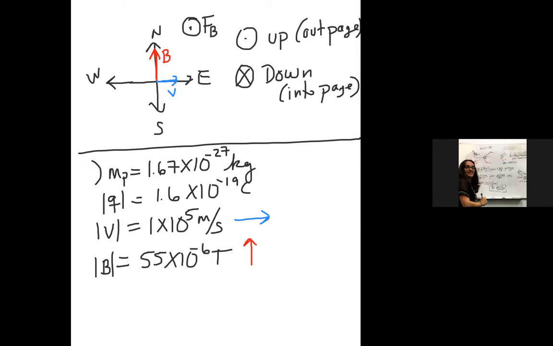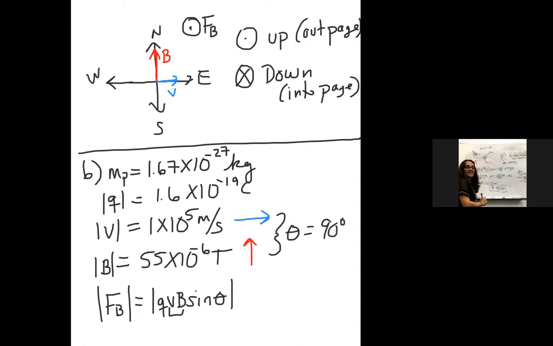So the magnitude of what we're looking for is given by QVB sine theta, where theta is between V and B. So I see that theta is 90 degrees. Sine of 90 is 1. So this is just QVB times 1.